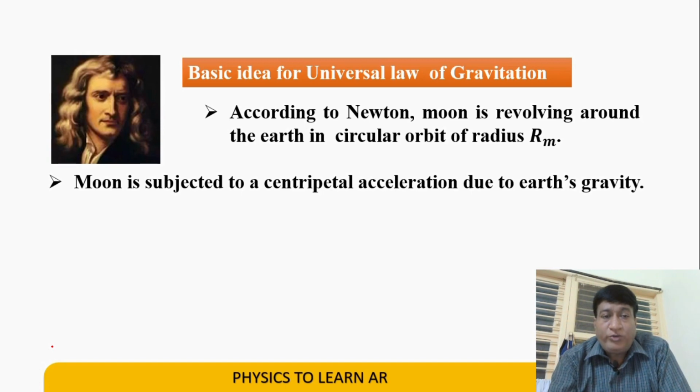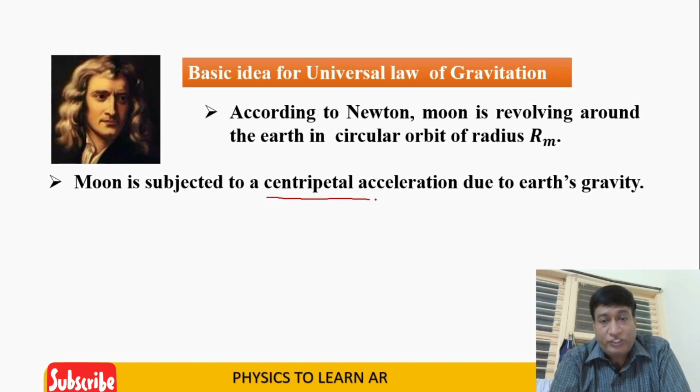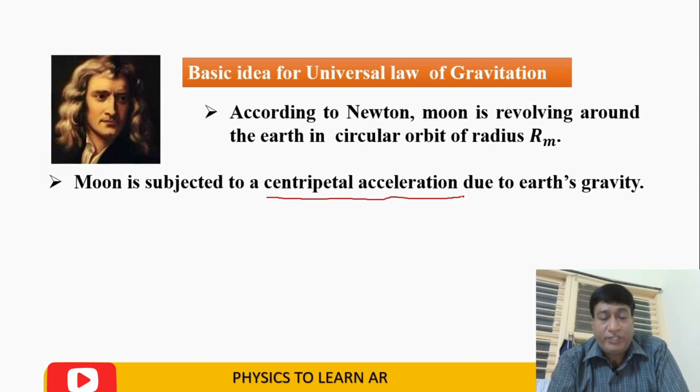How the moon revolves around the earth: because the earth has some gravitational force, based on that it can move in a circular path. In order to move that way, we require centripetal acceleration.